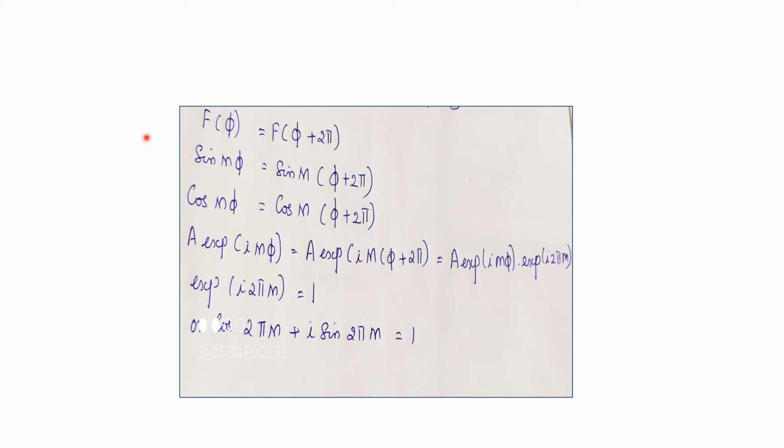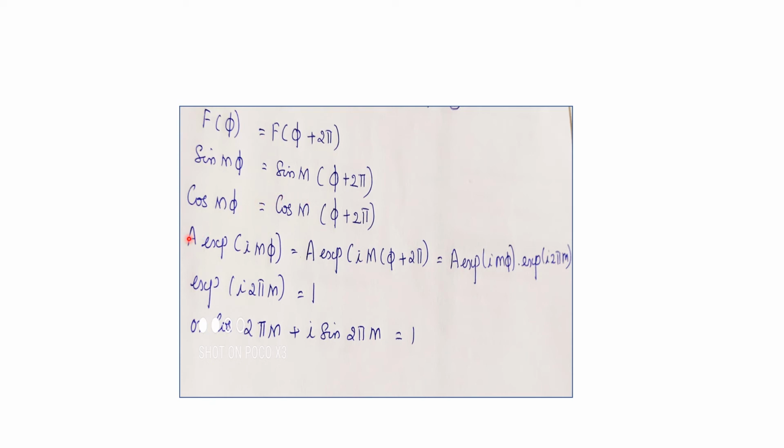Using the real set, equation 7, we get sin m phi equal to sin m (phi plus 2 pi), cos m phi equal to cos m (phi plus 2 pi).